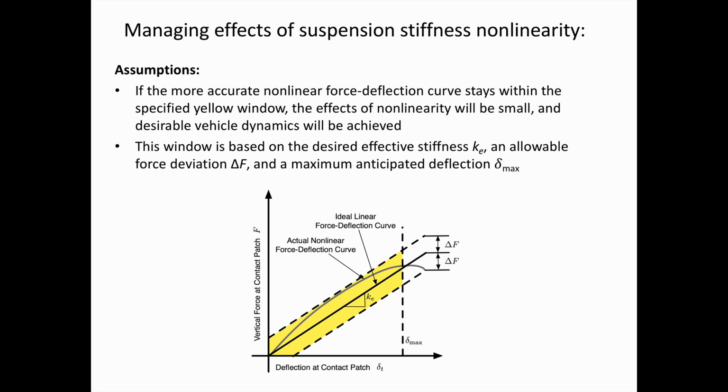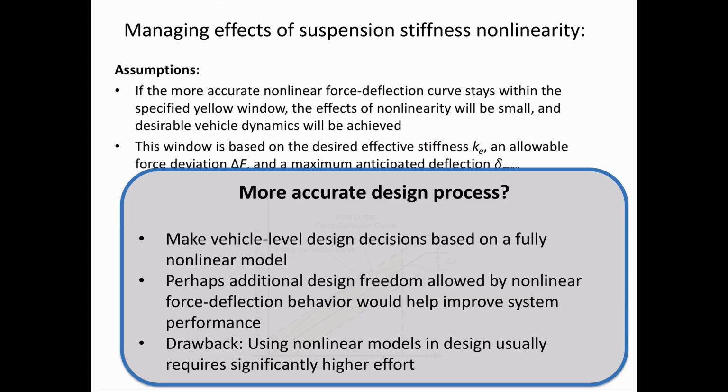The window is based on this equivalent stiffness I mentioned, an allowable force deviation, and a maximum anticipated suspension deflection, sometimes also called the rattle space. So what if we wanted to use a more accurate design process? If we wanted to use more accurate models, we could simulate overall vehicle dynamics using a fully nonlinear model.